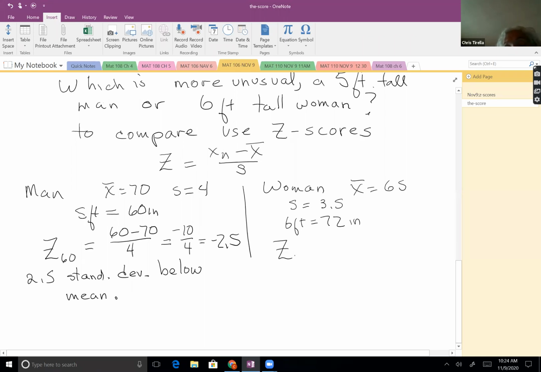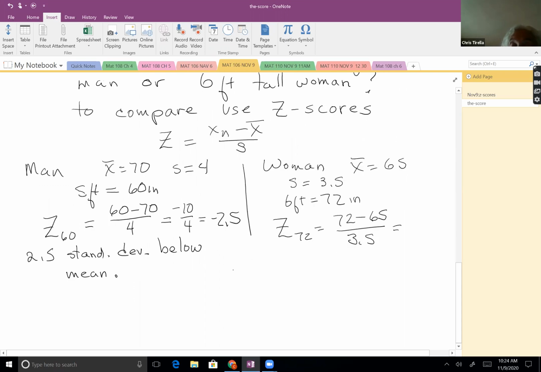So for her, the z-score for 72 would be 72 minus 65 divided by 3.5. What is that? That's 7 divided by 3.5, which would be 2. And so she's 2 standard deviations positive above the mean.